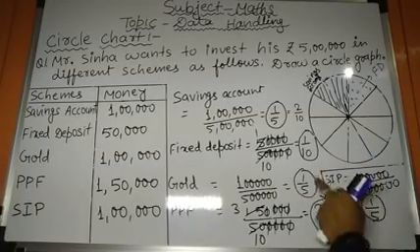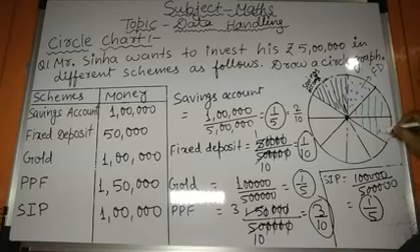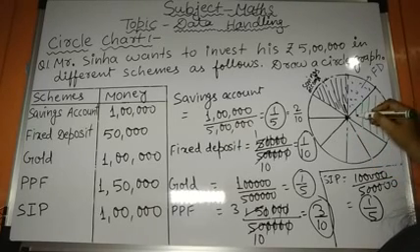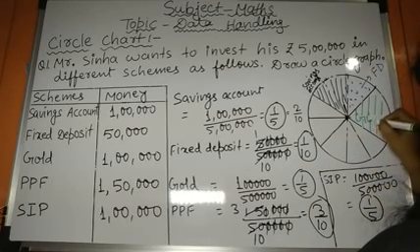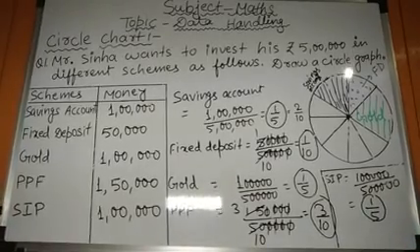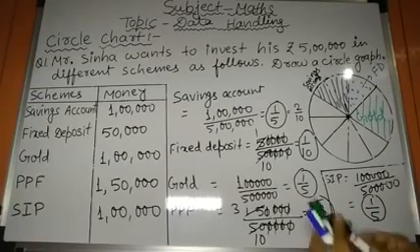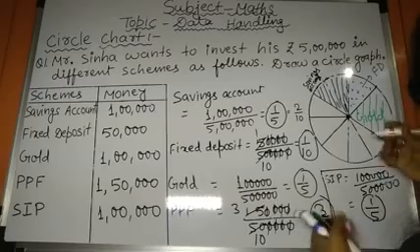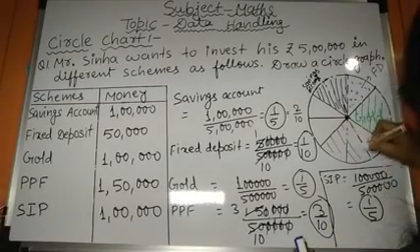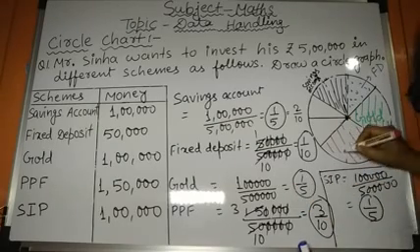Now next is gold. 1 upon 5 means 2 upon 10. So we will take 2 parts here and rub this part. This is for gold. Now next one is PPF. PPF is 3 upon 10. So we have to take 3 parts here. Here 1, 2 and 3 parts. Now rub this part and write down PPF.